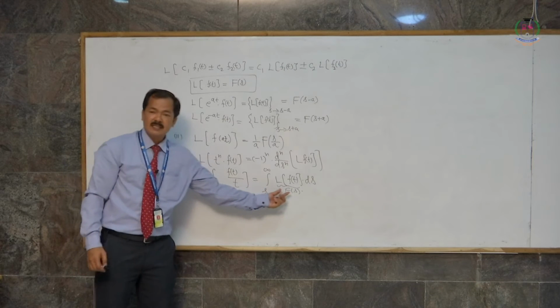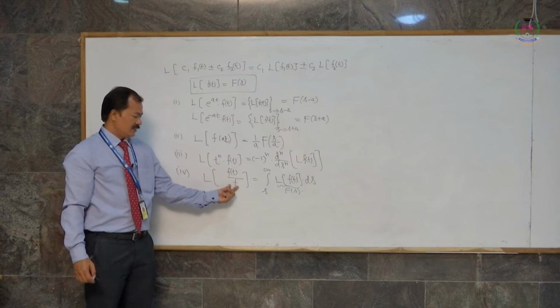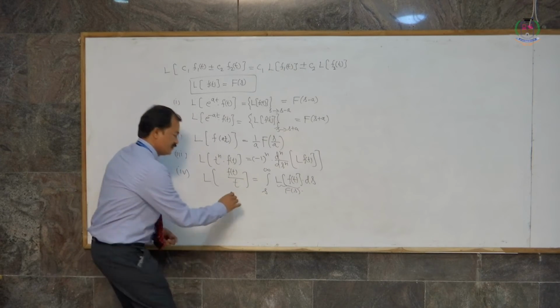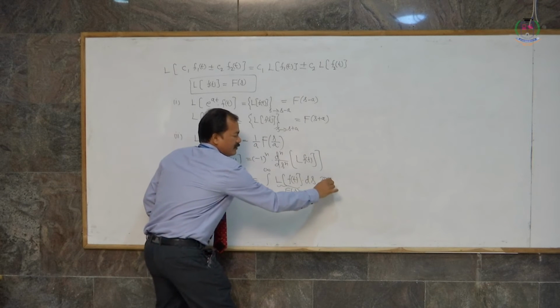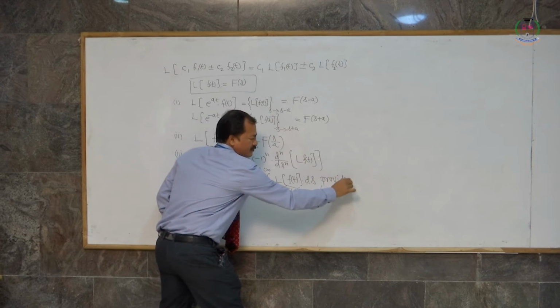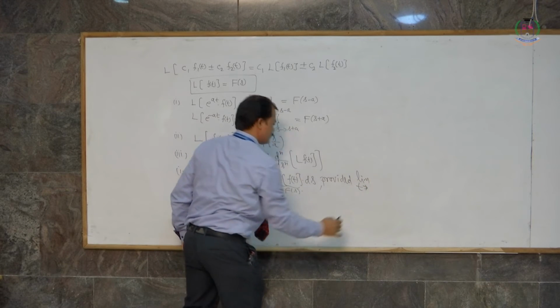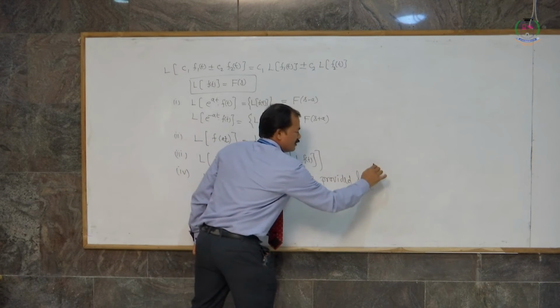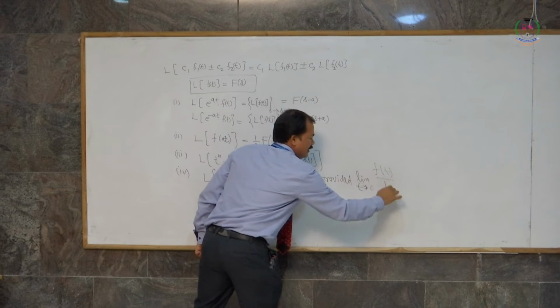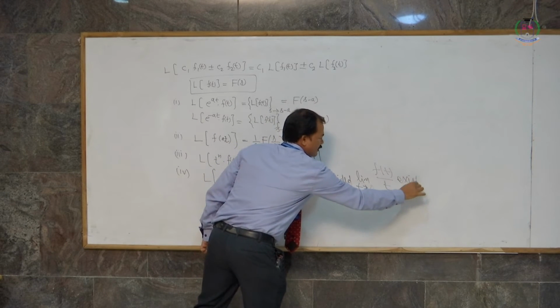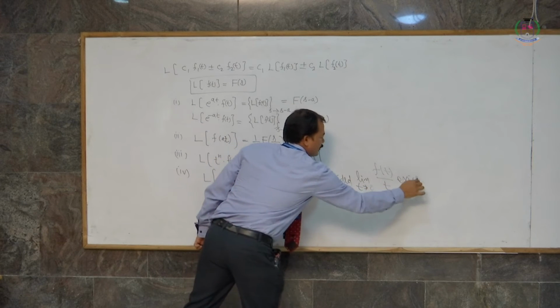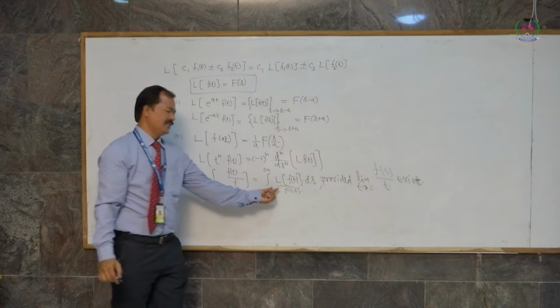This exists provided the limit as t tends to 0 of f of t upon t exists, then only it is valid.